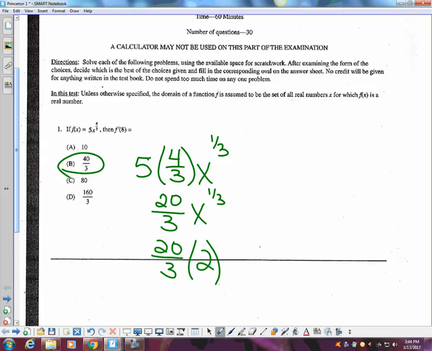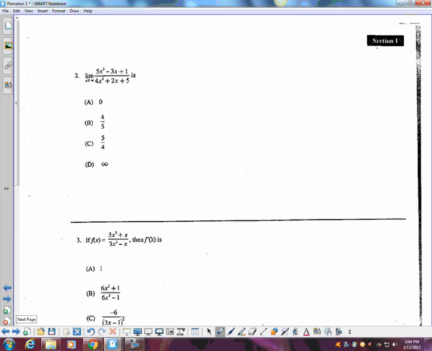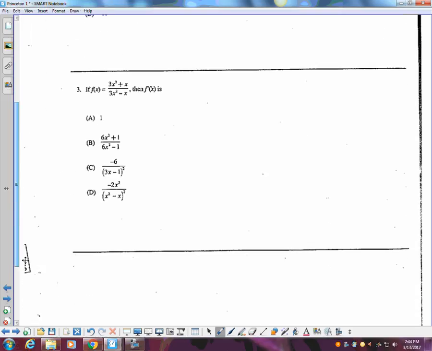I got 40/3. Everybody good? All right, Miss Kenya. Number 3.